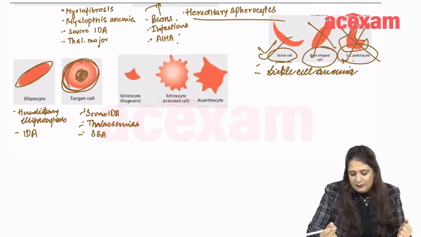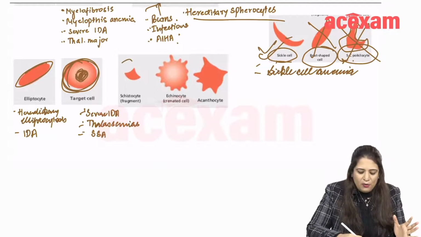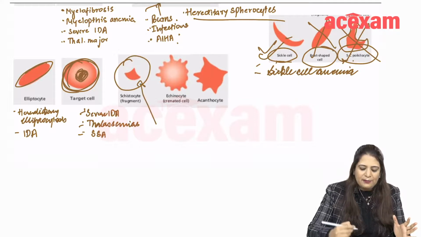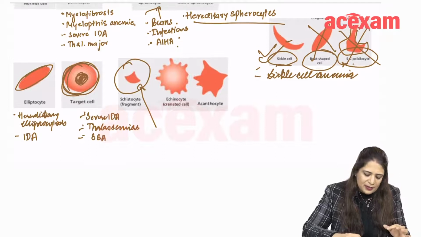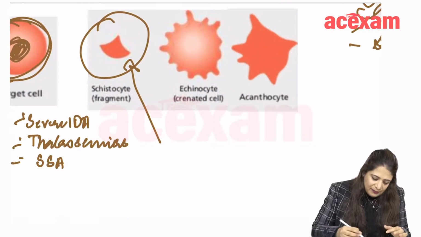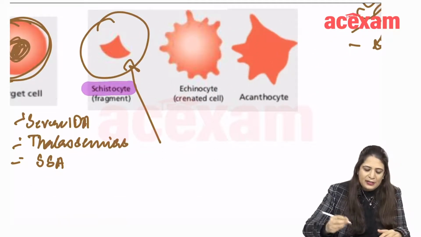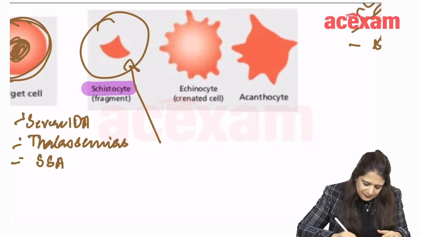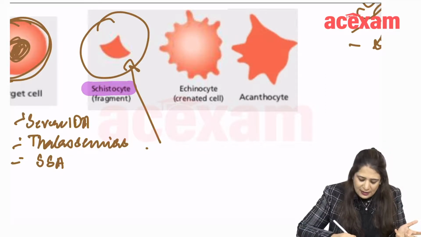Then we come to the fragmented cells and the ones seen in hemolytic anemias. This fragmented cell is known as a schistocyte, and it is seen in fragmentation syndromes like DIC, HUS, TTP.